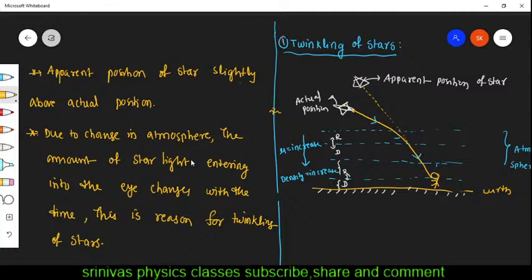Before that, one question I will ask. Stars are twinkling. Why are planets not twinkling? Planets are not twinkling. Is it right? Can anyone type the message?